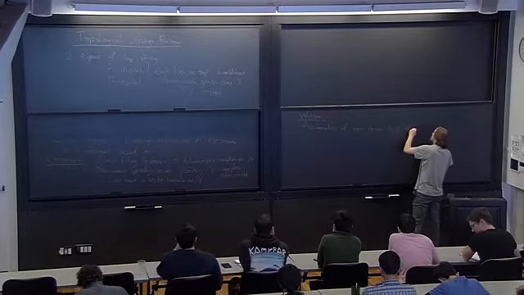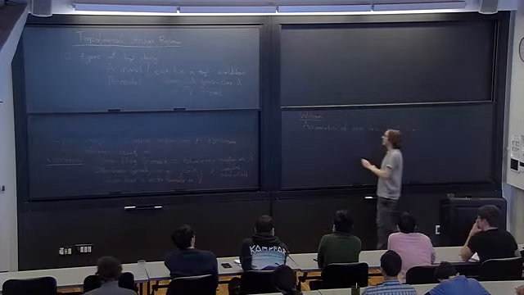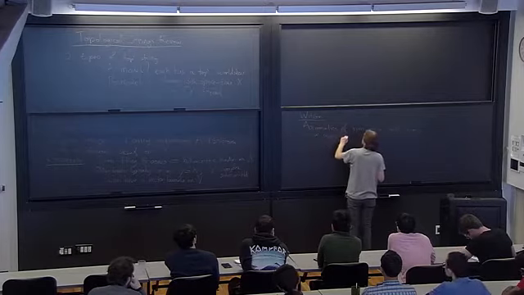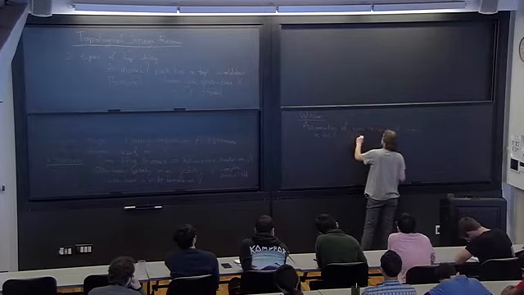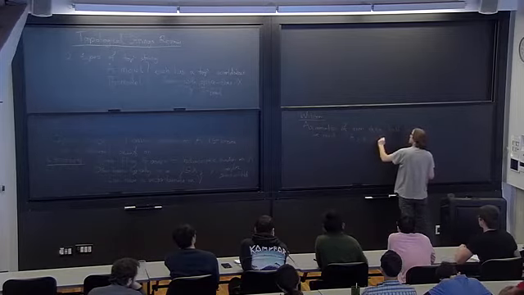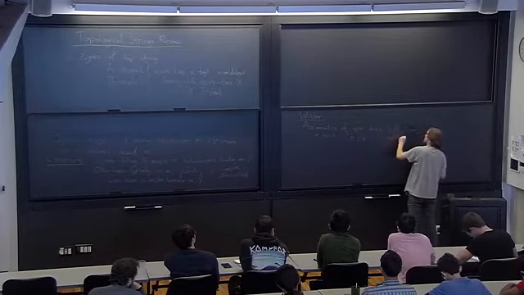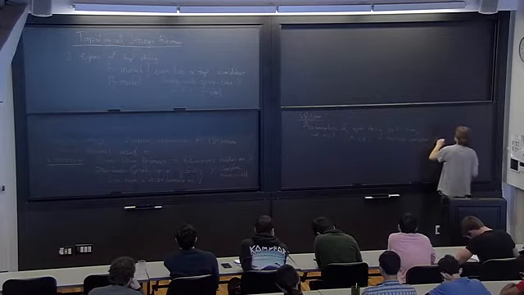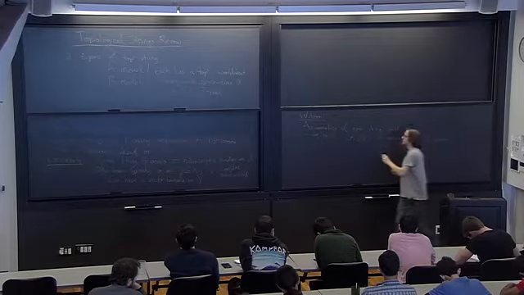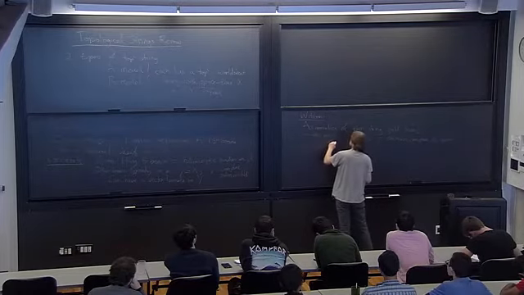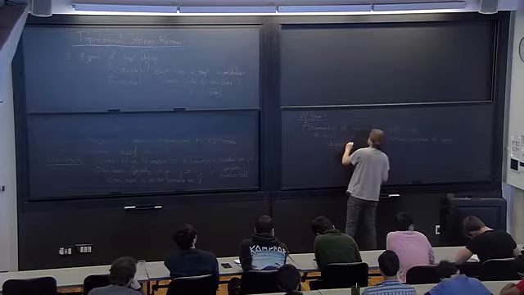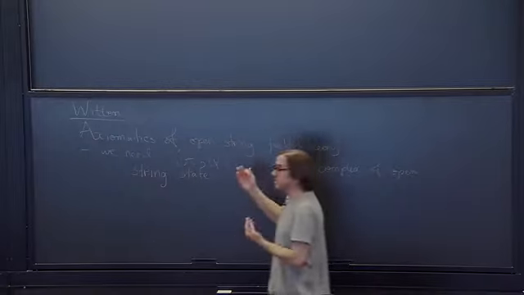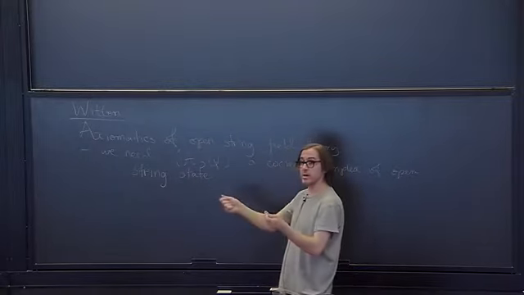So Witten tells us that to give an open string field theory, we should give a cochain complex of open string states, graded by some ghost number, and Q is the BRST operator on the worldsheet.